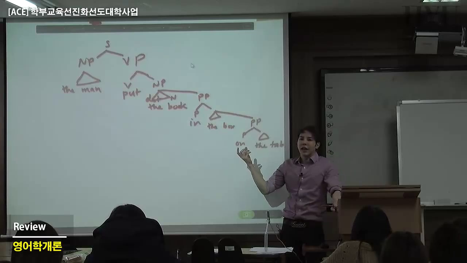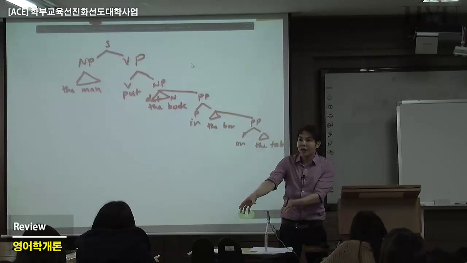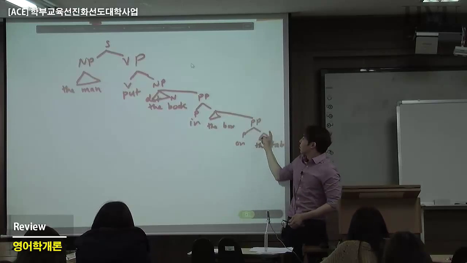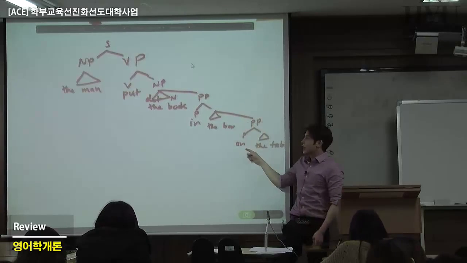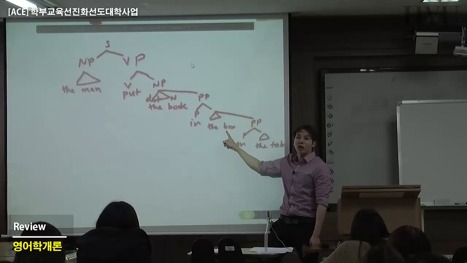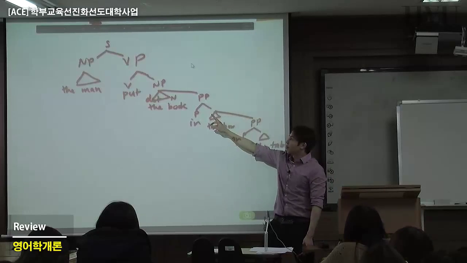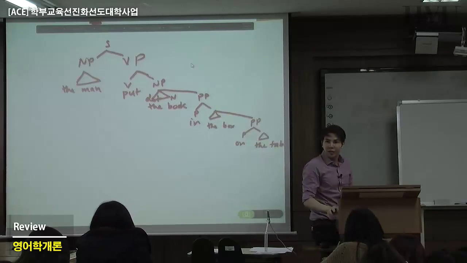So in this case, the box is already on the table, and he put the book in that box, which is on the table. So we know that it's the box that's on the table because we see the prepositional phrase here as part of the box, which means that the box is already on the table, not put on the table. Okay?